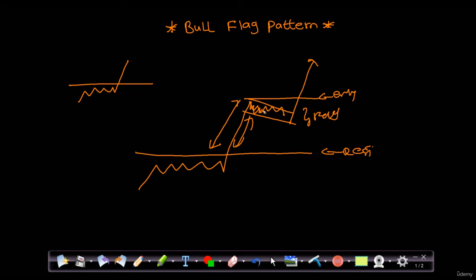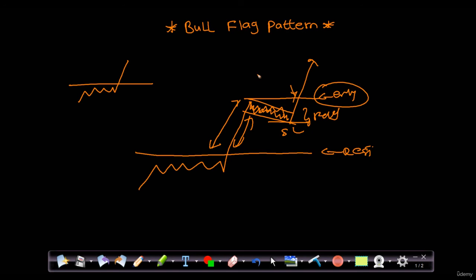Just wait for the market to get stable. After the market stabilizes, just make a limit order at this position, like this area, and enter here, put the stop loss at the last swing, and expect the target of minimum the pole size.